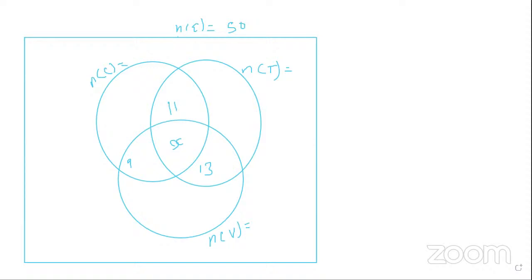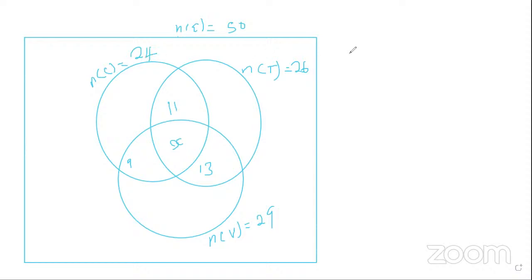Now since we have not been given those who play tennis only, those who play chess only, and those who play volleyball only. The ones who play volleyball are 29, up here we have 26, and chess 24.